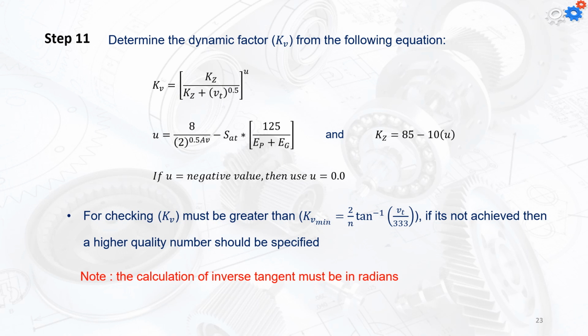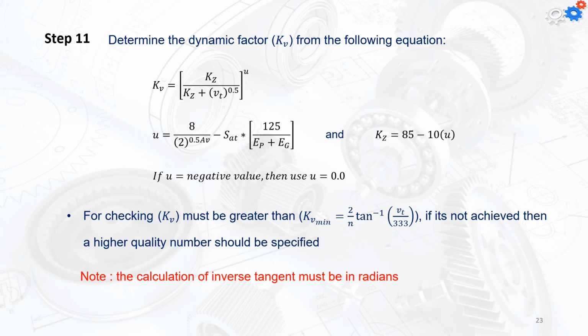Step 11 is about the dynamic factor KV, and the KV has an equation to be used. We need to specify the U value from the next equation, and the KZ value from the third equation, 85 minus 10U. If U is a negative value, then you use U equal to 0, and thus the KZ, for example, is going to be 85.